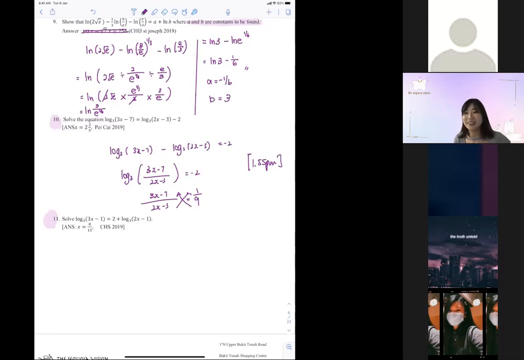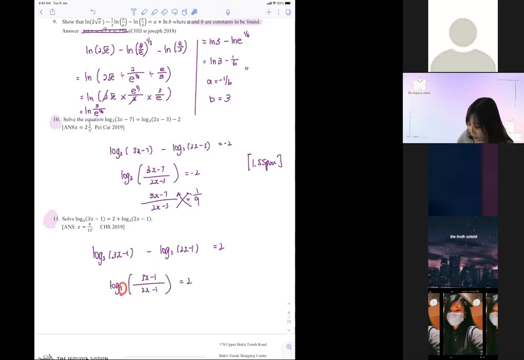Wait a moment. EY, can do or not? 11 done already? No, I messed it up. It's easy. Come, I help you. See, when you bring over, you got this, right? Then minus becomes divide. So it's 3x minus 1 over 2x minus 1. Then you don't want the log already, you bring the base over. It's 3 to the power of 2.